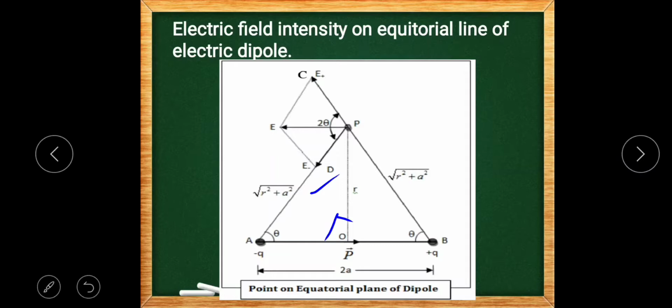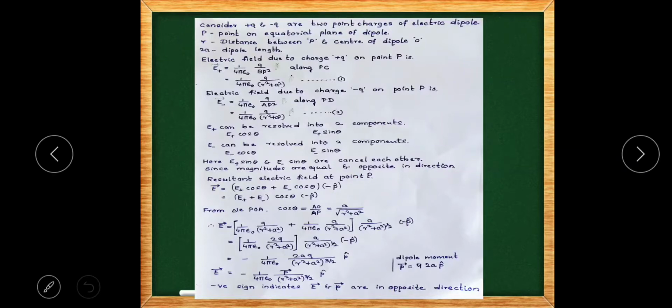So cos theta equals AO by AP, where AO is equal to a and AP equals the square root of R square plus a square. Now substitute the values in this expression.